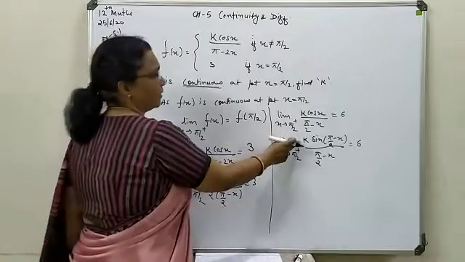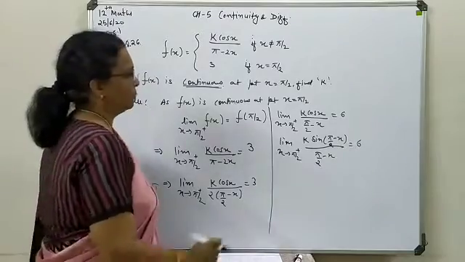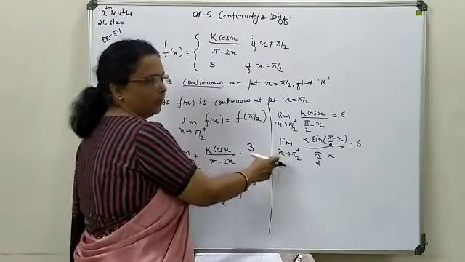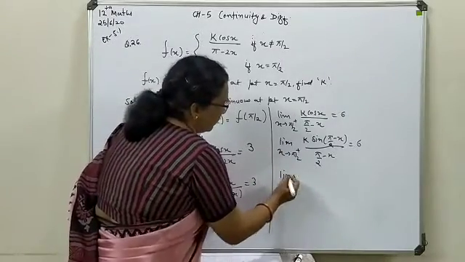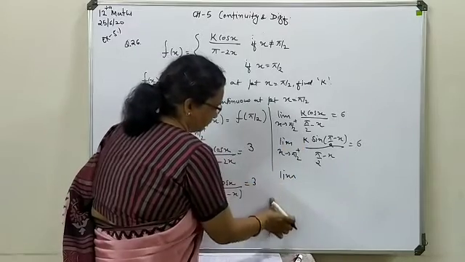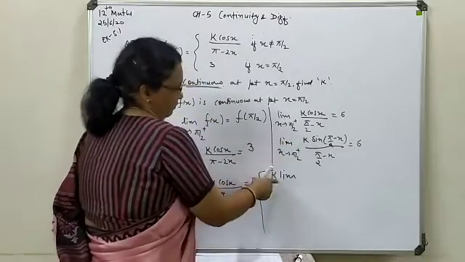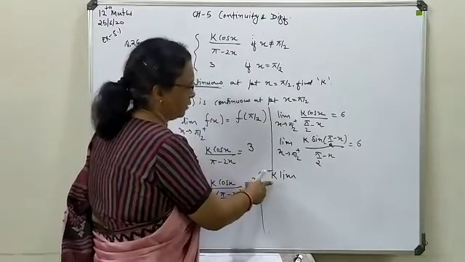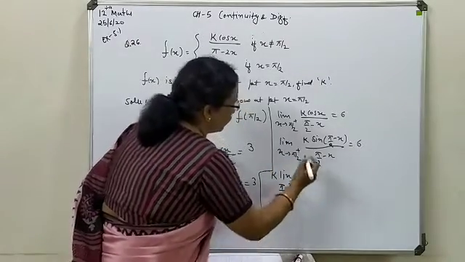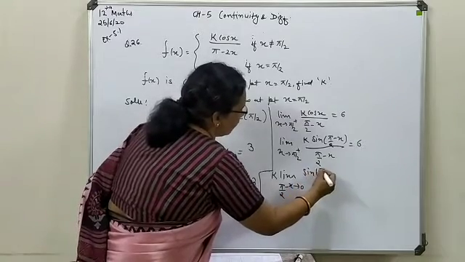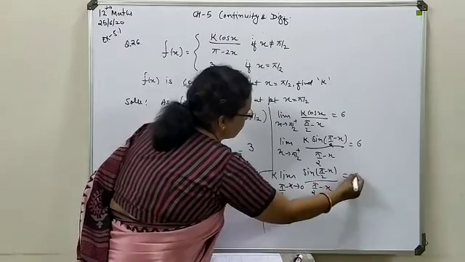Now k is a constant quantity, so to this combined form we will implement the limit. Here limit x tends to pi by 2, so we also have to change the limit to implement the sine form. So here we change the limit, and before that we can take k common, at the first position as a multiple. So the limit will be changed: pi by 2 minus x tends to 0, sin of pi by 2 minus x upon pi by 2 minus x, that is 6.